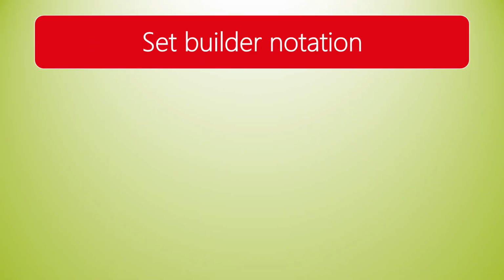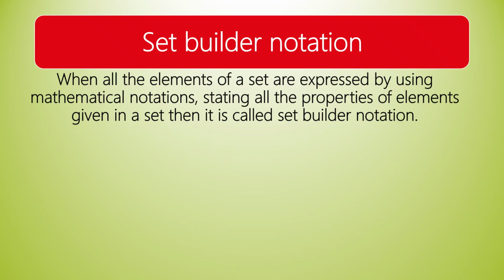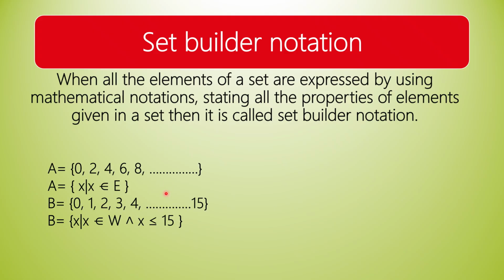Now the third method of writing a set is the set builder notation. Students normally find it a little bit tricky. Now let's check it out. When all the elements of a set are expressed by using mathematical notations, stating all the properties of the elements given in a set, then it is called set builder notation. Keep in mind that it should have mathematical notations in it. How? Let's see.